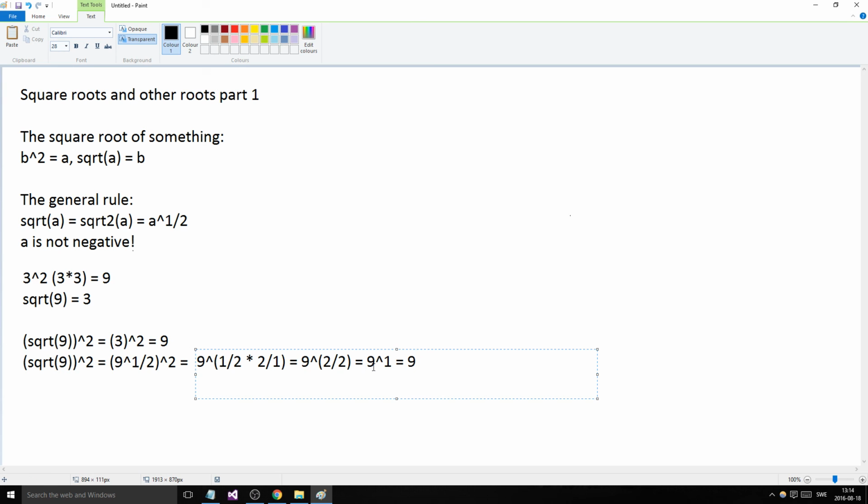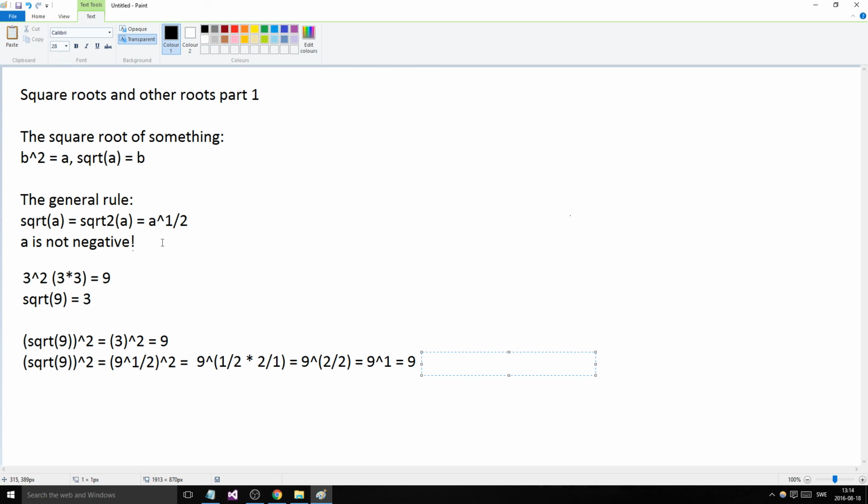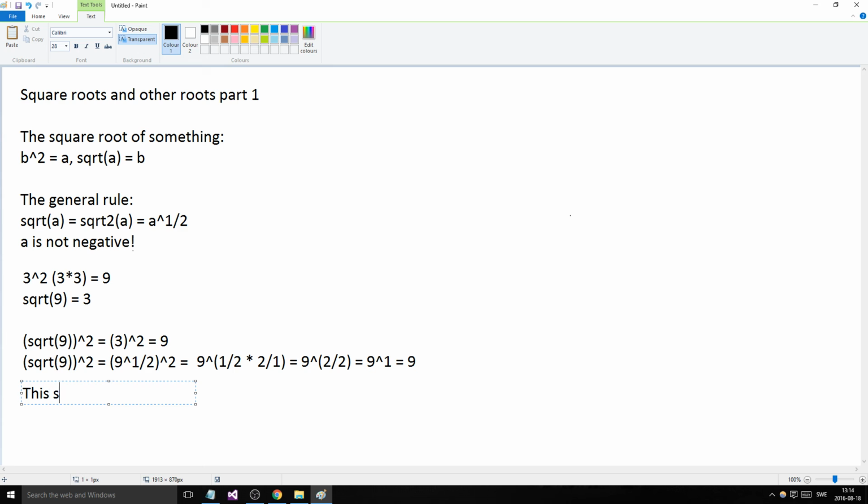It's the same thing. You can write it in a different way, just explain it in a much better way. That's why this works here. And this in turn shows that the square root of 9 equals the square root 2 of 9, and 9 to the power of 1/2.